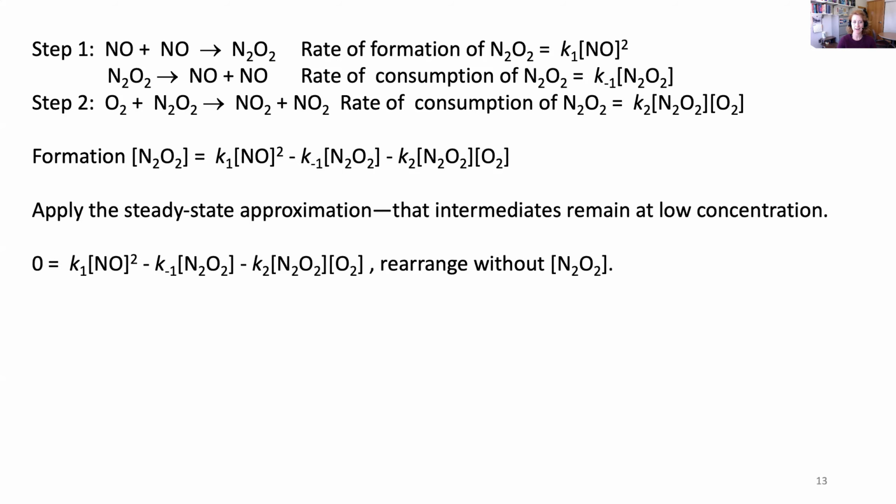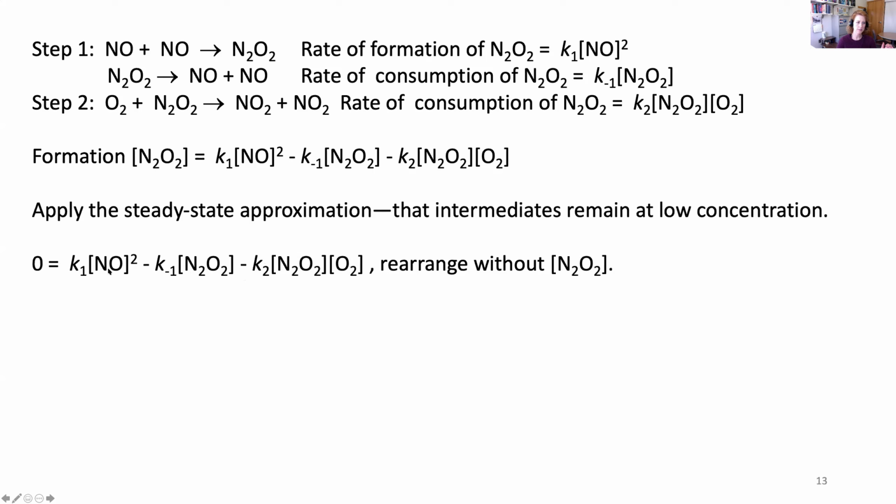And then you can take this step and rearrange for N2O2. I'm going to take N2O2 out of these two terms, so I'm going to take negative k minus 1 minus k2 times oxygen and multiply that by N2O2.